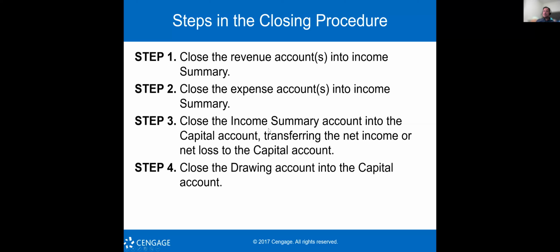The income summary is basically the result of your operations, either a net income or a net loss, and you will close this to the capital account. Then the last step is to close the drawing account. Similarly, you will close the drawing account into the capital account.